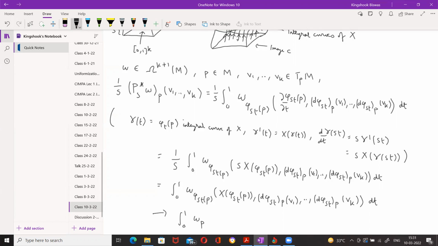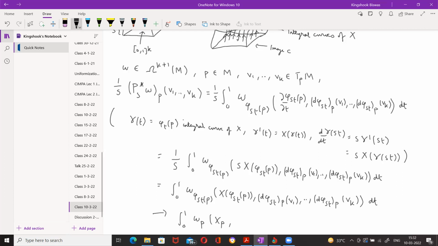And what happens to X of phi st p? So phi st p is converging to p. So X of this converges to X p, right? And then what happens to d phi st at p? Well, phi st is converging to the identity as s tends to 0 for t fixed. So it converges also in the C1 topology.